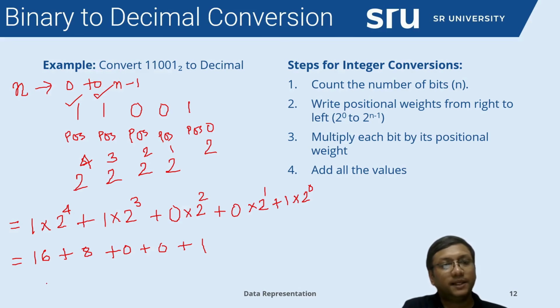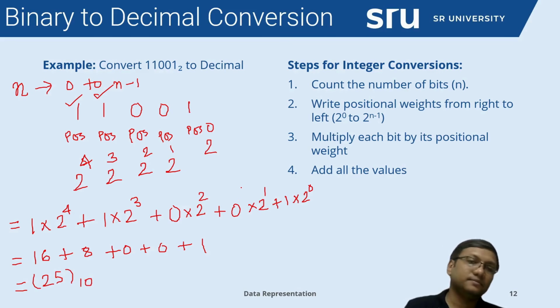So 16 plus 8 plus 0 plus 1, finally this is 25, and definitely you need to write the base of the decimal number, that is 10. Okay. So following these steps, you can also try with any binary number and convert it to decimal.